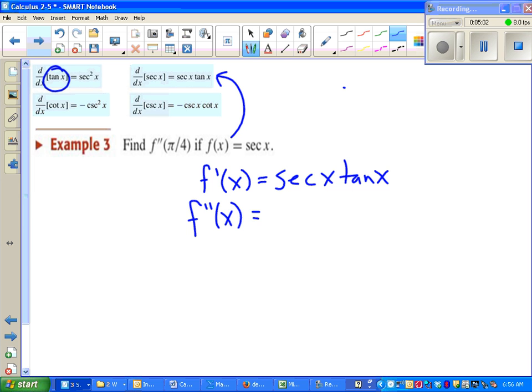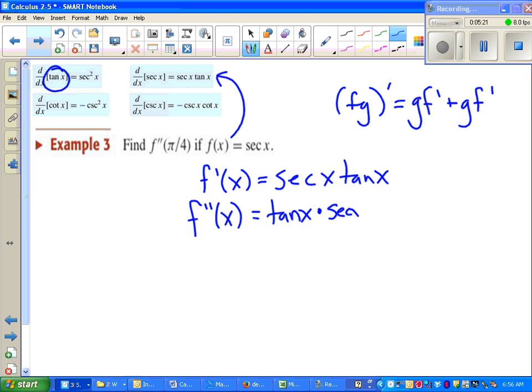Product rule again says if I want the derivative of a product, we do something like this. So taking a look at this particular problem, I'm going to take my g function, tangent of x, multiplied by the derivative of the secant function, which would be secant x tangent x, plus, I'll go back up to my formula up here.